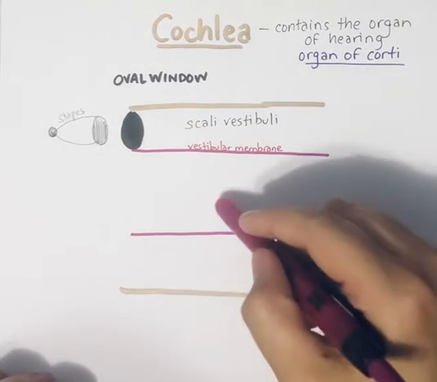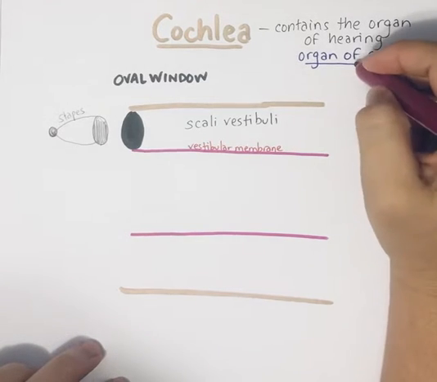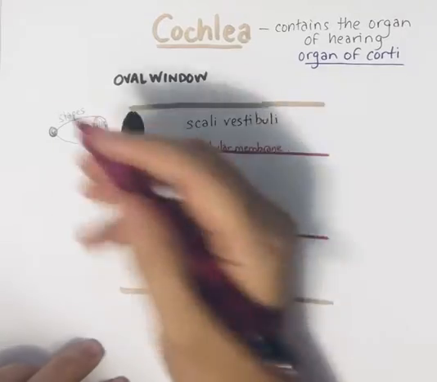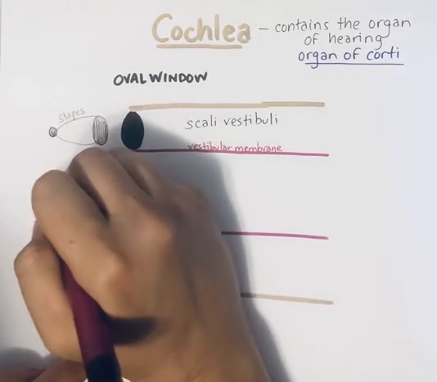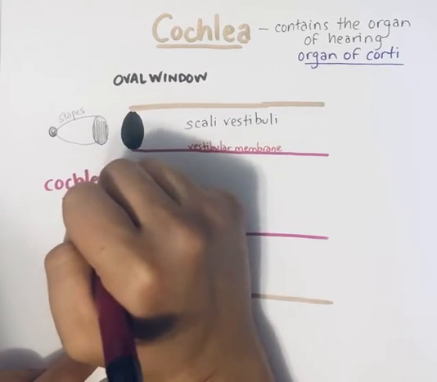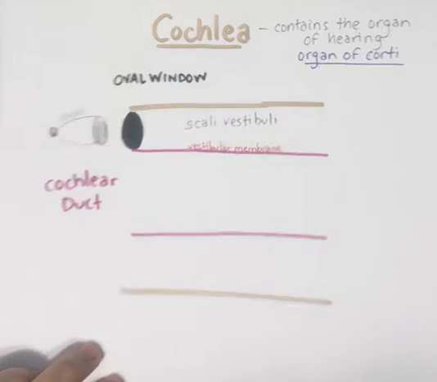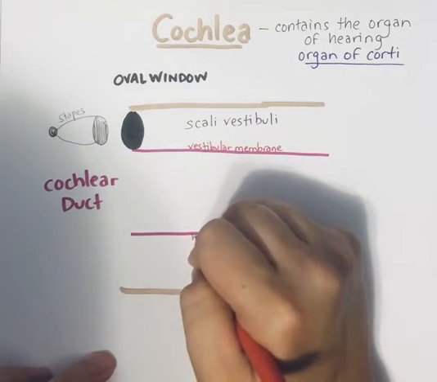So we need to know the different names. So the organ of Corti is a specialized structure which is in the cochlear duct. So the membranous labyrinth is called the cochlear duct. And the membrane on the bottom is called the basilar membrane.